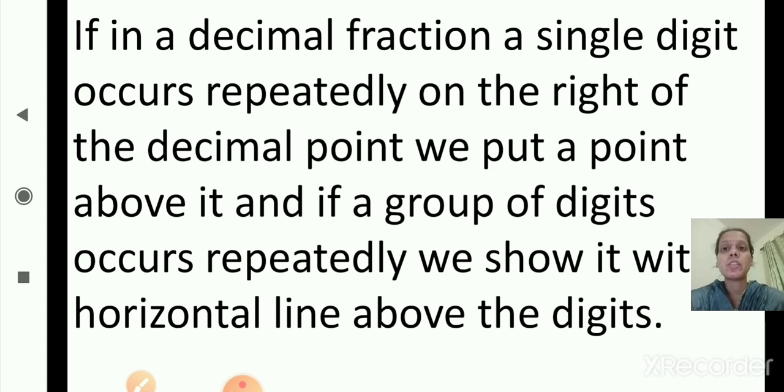If in a decimal fraction a single digit occurs repeatedly on the right of the decimal point, we put a point or dot above it, and if a group of digits occurs repeatedly, we show it with a horizontal line above the digits.